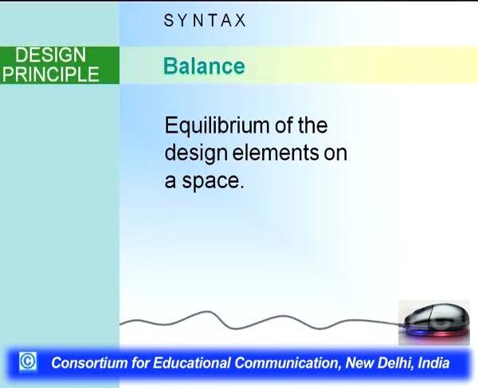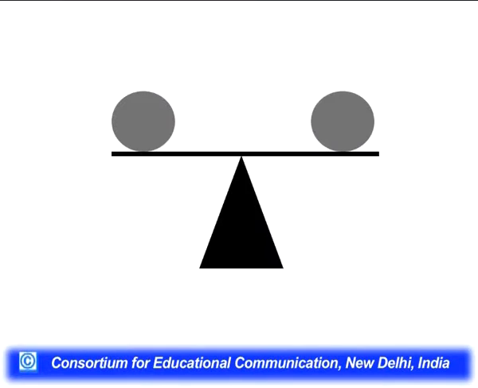Balance. What is a balance? Balance is an equilibrium of design elements on a space. You understand equilibrium in a weighing machine. So we put one thing on one side of the weighing machine and put another on the other side to counterbalance it. It is just like this.